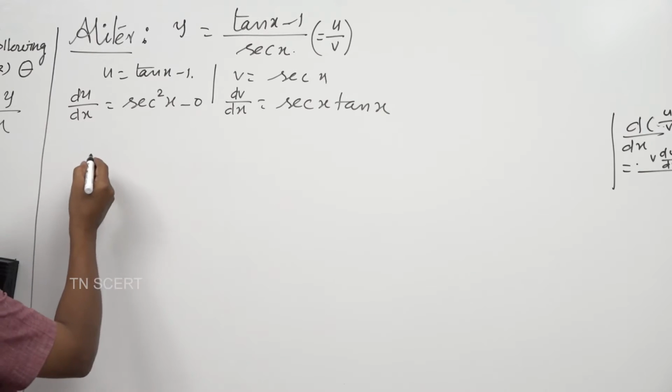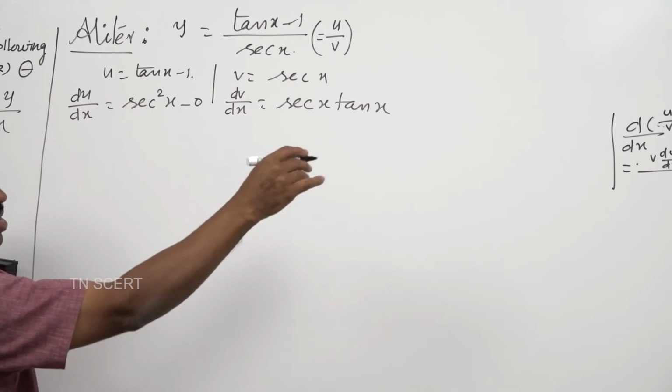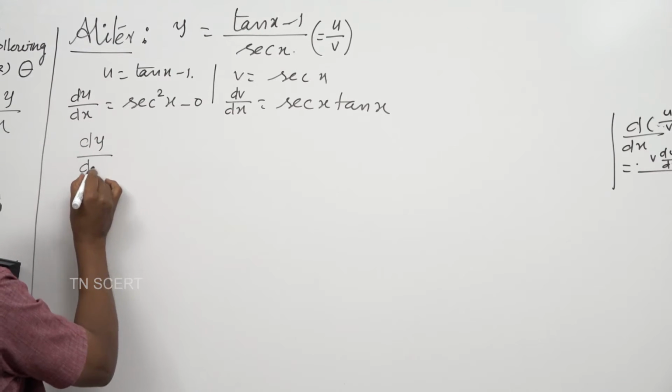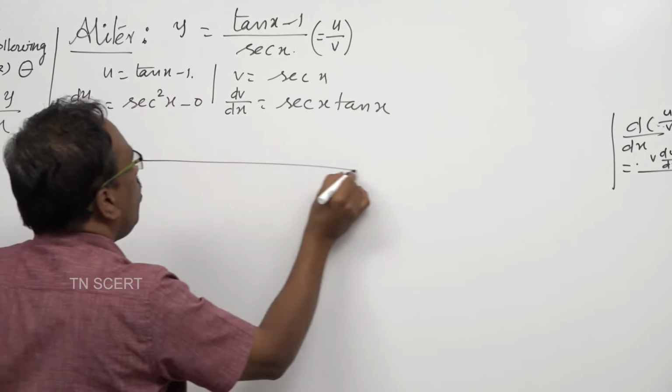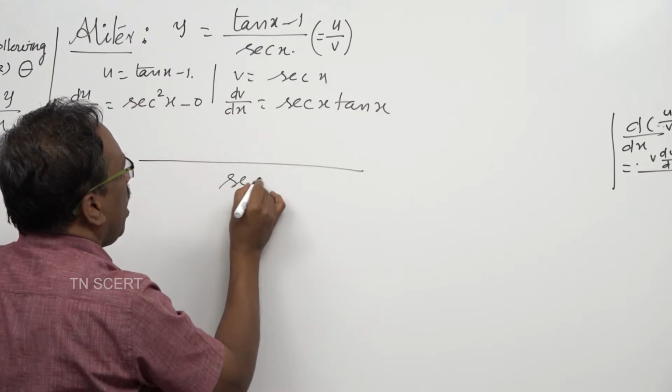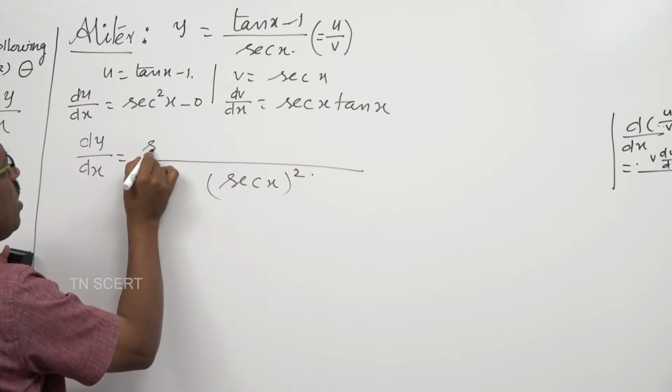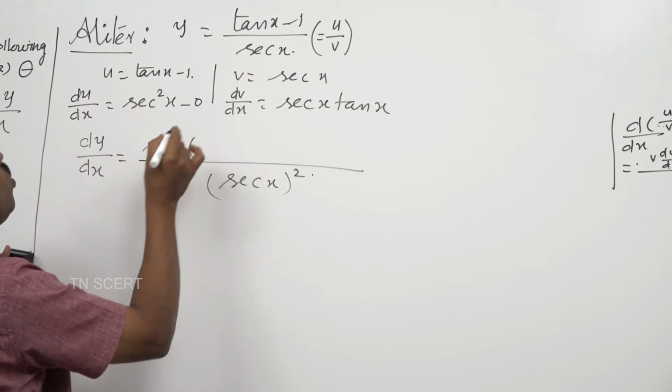So now let us recap. Let us go back to the formula side. Dy by dx is V square, secant x the whole square, and then V, secant x, times du by dx.